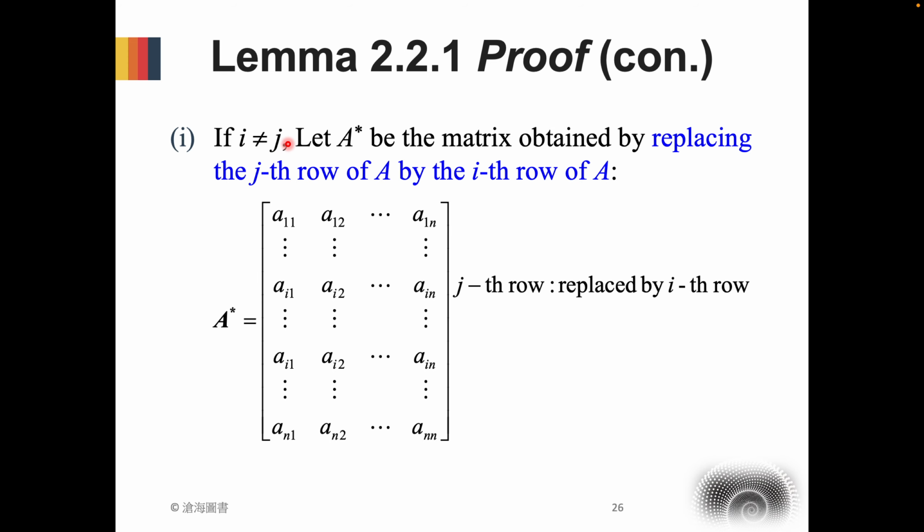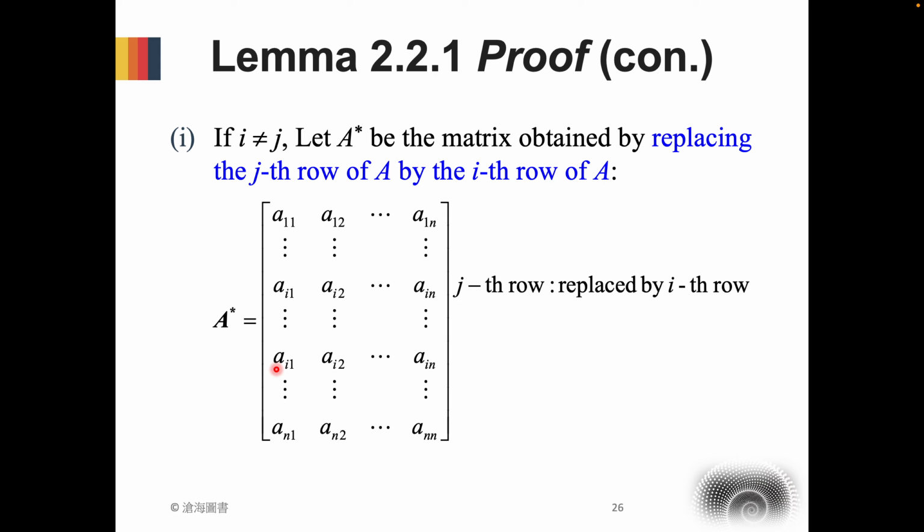Okay, so now we get another matrix called A star. Let A star be the matrix obtained by replacing the jth row of A by the ith row of A. So assume this row originally is the jth row of A. Now if we replace this jth row by the ith row of A, it becomes ai1, ai2 to ain, and this is called the jth row.